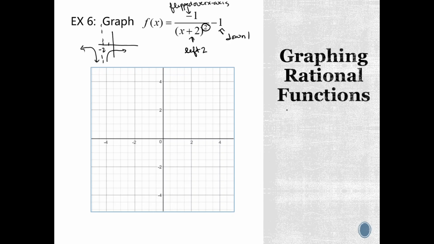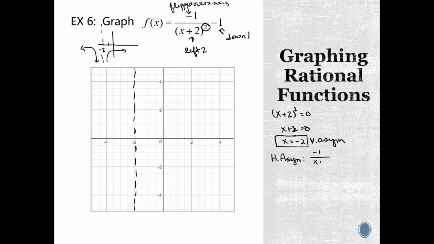Okay, so let's get down to the specifics of it. x plus 2 squared equals 0 tells me that x equals -2 is my vertical asymptote. Okay, so that's here. So that's the first thing I do anytime I want to graph one of these, is I mark that asymptote.